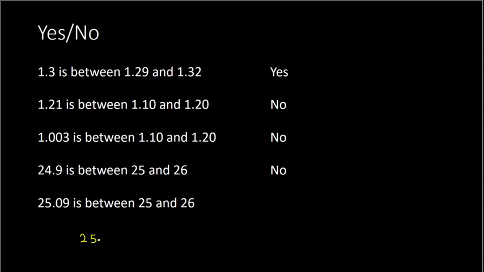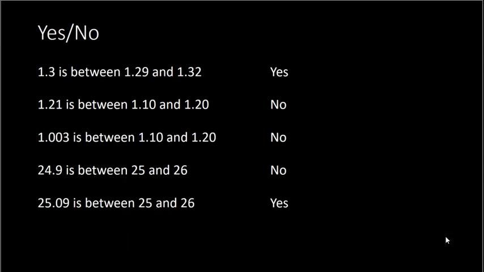Basically just add zeros at the end of the 25, and then zeros at the end of the 26, and 25.09 would be in between, because looking here we have 0, 0, here we have 0, 9, and that 0, 9 comes after the 0, 0, and 25 would be before 26. So this would be between.